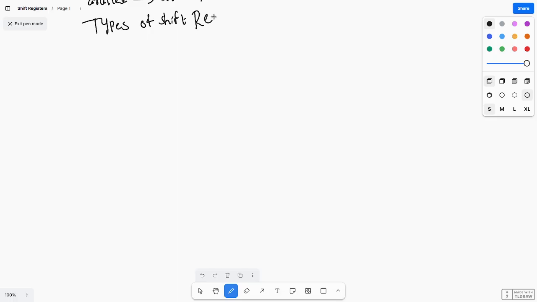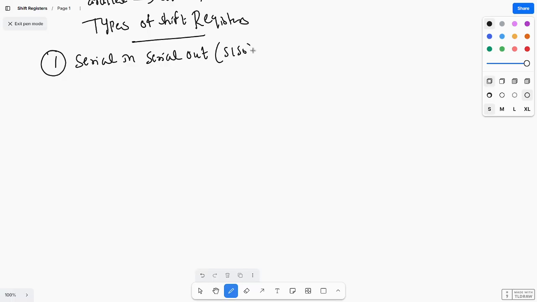One is SISO, serial in serial out. And next is SIPO, serial in parallel out.